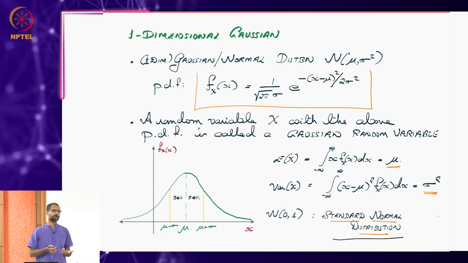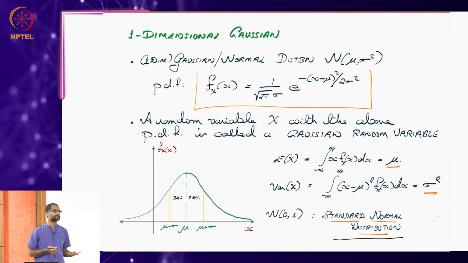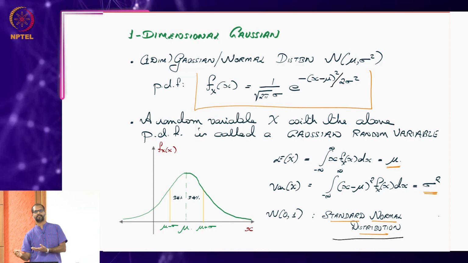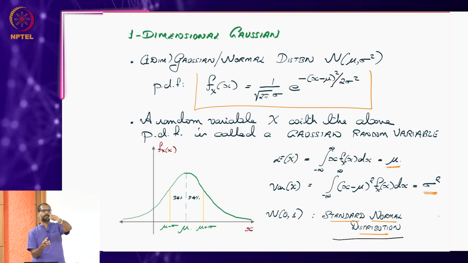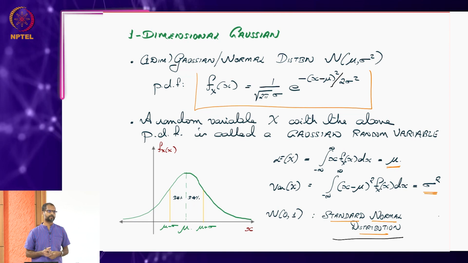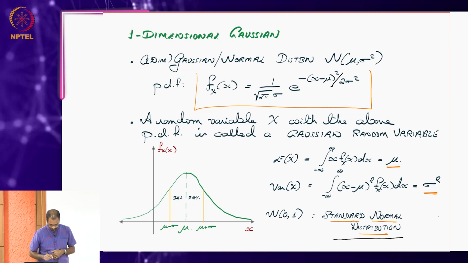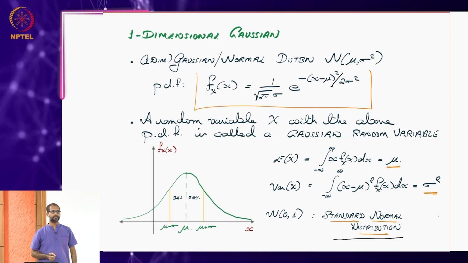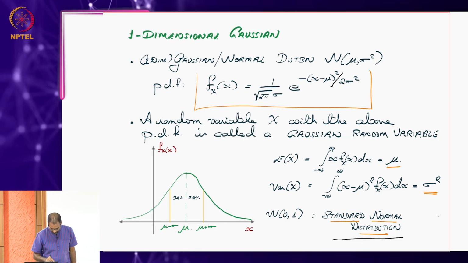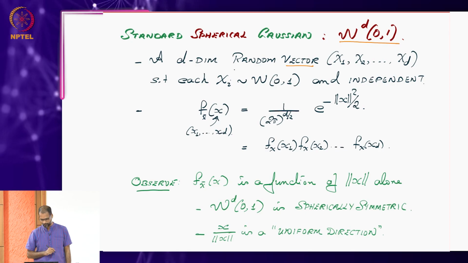Imagining a three dimensional Gaussian is tricky because you need a four dimensional imagination, because the domain is already three dimensional and the density is another real number which you have to represent somehow. Visualizing is hard, but roughly this is what a high dimensional Gaussian is.